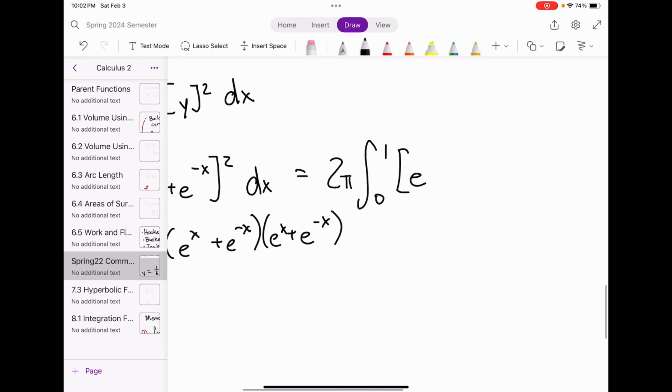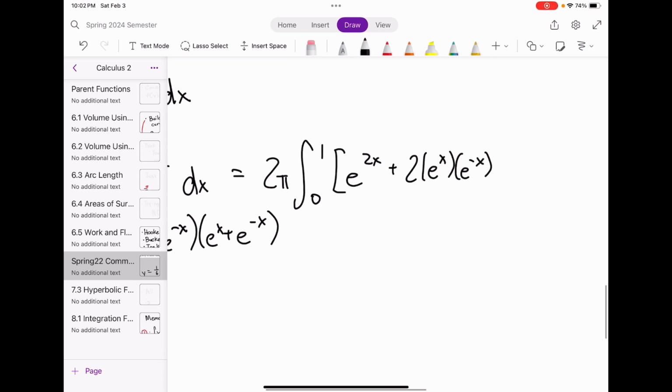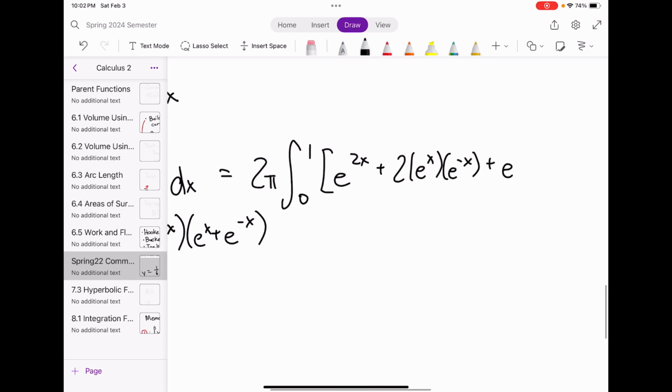So what you get is e to the 2x, plus 2 e to the x times e to the negative x, plus e to the negative 2x, dx. Luckily for us, these two will cancel out to get 1, so 2 times 1 is just 2.